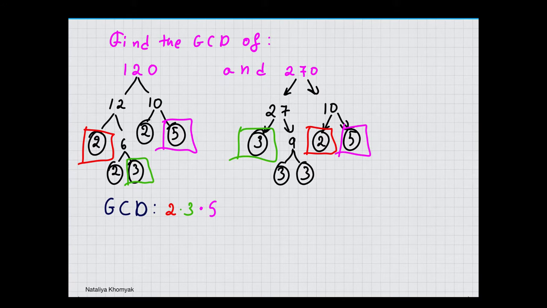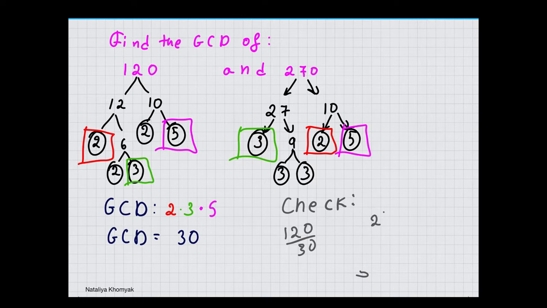Since we have no more factors that can be matched up, we can calculate our GCD, which will be 2 times 3 times 5, which is 30. If you want to check, you can take 120 and divide it by 30, and we can also take 270 and divide it by 30, and we want to make sure that this reduces into a whole number.